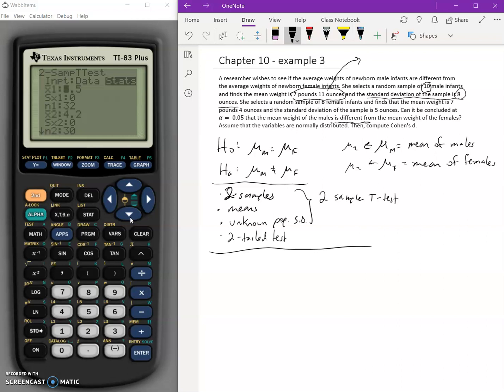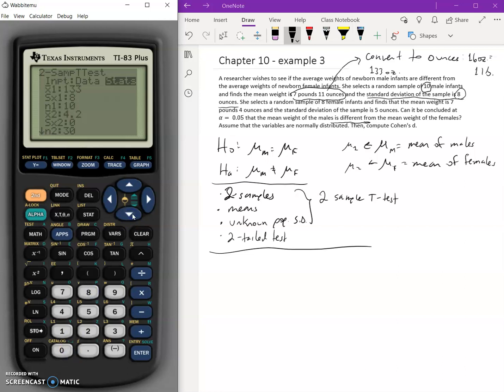So we want to convert to ounces. We know that 16 ounces is equal to 1 pound. So if we do the math on this, we're going to get 133 ounces. So we put in 133. Our sample standard deviation we said was 8. Our n sub 1 we said was 10.